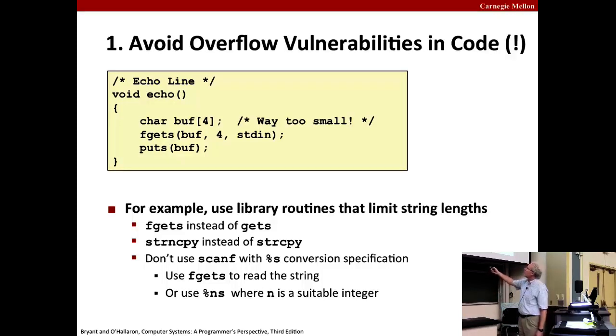And fgets has a property that it passes a parameter, which is the maximum number of bytes that the program should read. And if there's more bytes than that in the input, it will just truncate the input. So you're really supposed to use fgets and give a limit.